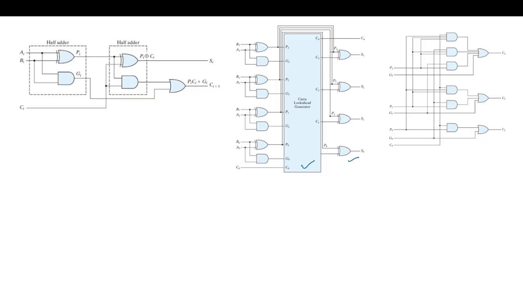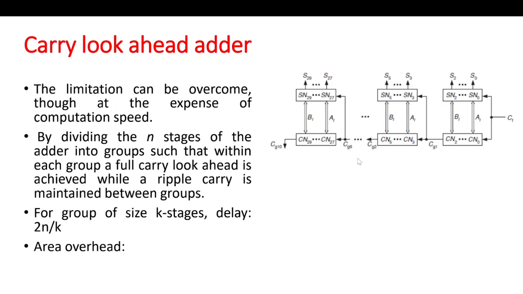This gate and this gate we have seen. So to reduce it, we can consider a 4-bit carry lookahead adder and then design it like a ripple carry adder. So say 0 to 3 bits, again some 3 bits here, and in this way we can reduce the gate count.